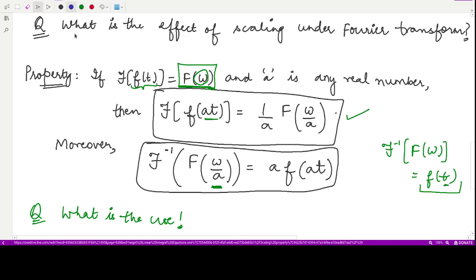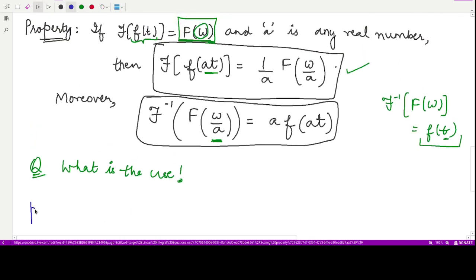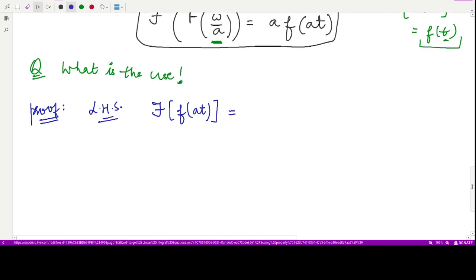Okay, so now it's time to prove the property. For the proof of this property, we are starting with the left hand side. Here our left hand side is the Fourier transform of f of at, right? So we can apply the definition of Fourier transform here.